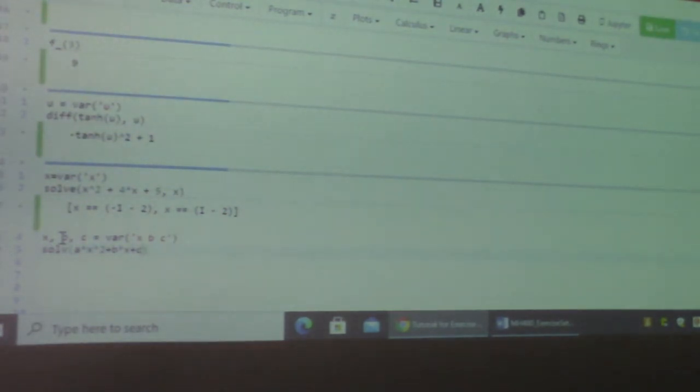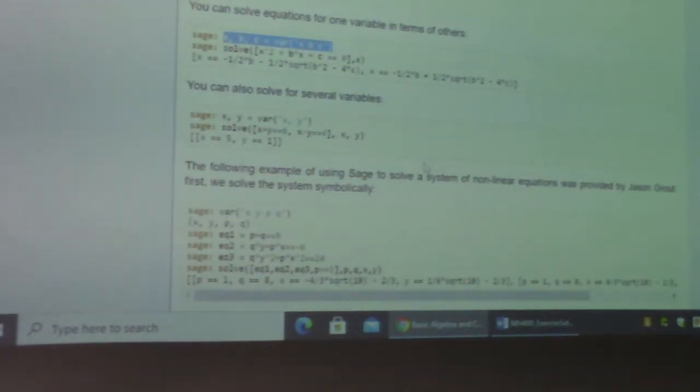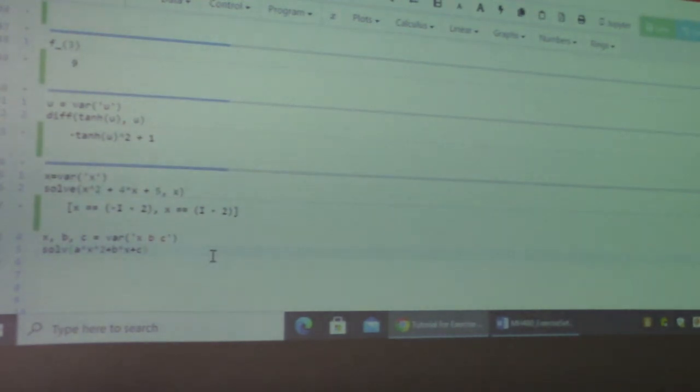I guess it sets it equal to 0, doesn't it? The solver. That's funny. Oh no, so I guess the default, this is interesting. If you don't notice that we didn't actually say solve an equation in the first thing, we said solve a polynomial. It just automatically defaults that to be equals 0. It's kind of funny. So if we want to, we could put equals 0 to be less ambiguous. And I guess we're solving with respect to x.